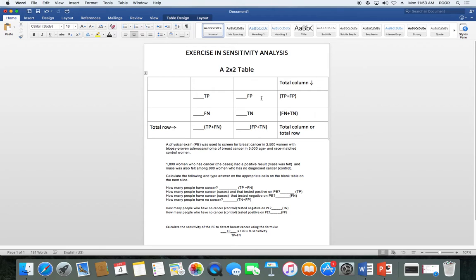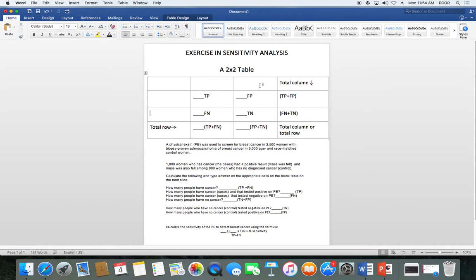You have to arrange it so that the true positive will be here and the false positive will be on the other side. For the purpose of this exercise, use this template only if you're going to put the disease people in this particular cell and the non-disease in this particular cell. The yes to the instrument on this particular cell and the no to the instrument.